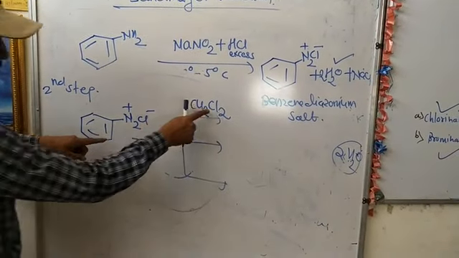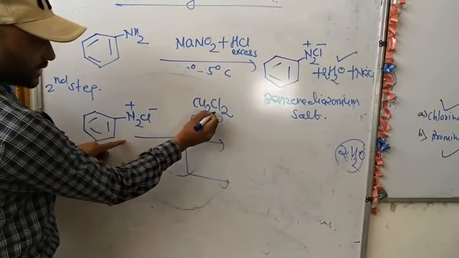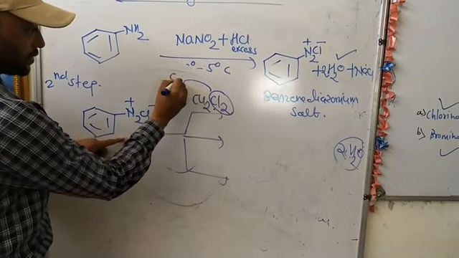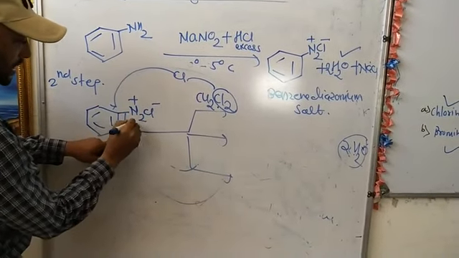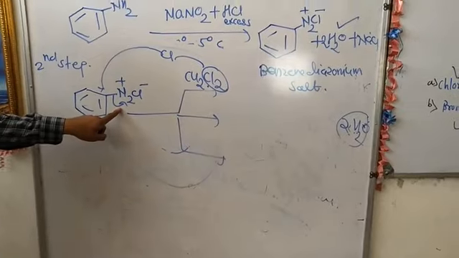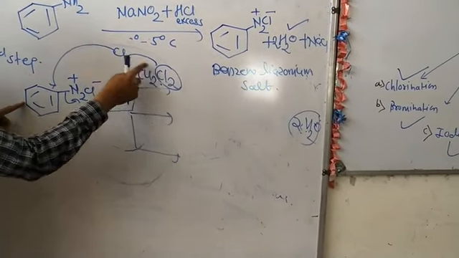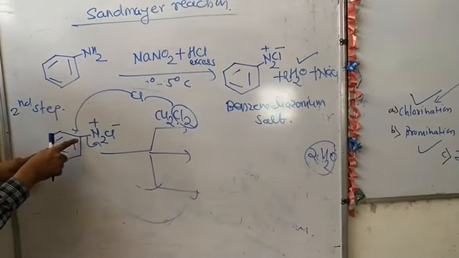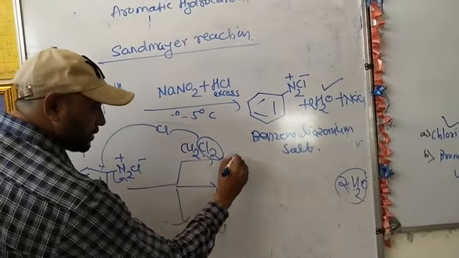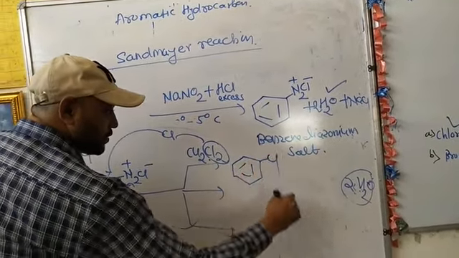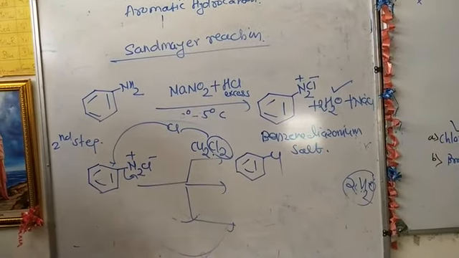One of the chlorines from Cu2Cl2 replaces this nitrogen from the benzene ring, forming chlorobenzene plus N2.